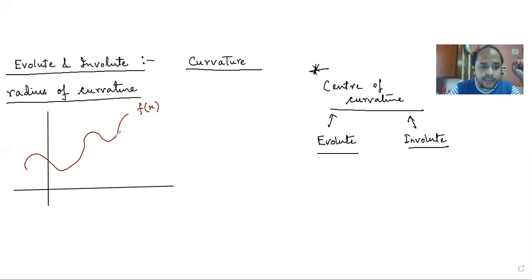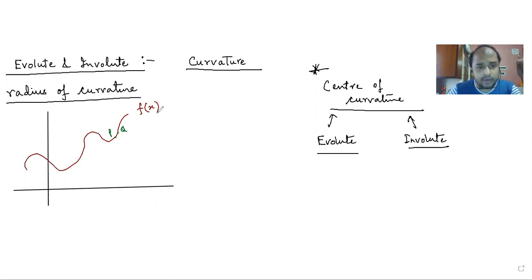And suppose I am choosing two points from there. This is the point which I am naming as capital P, and that is the point which I am naming as capital Q. These two points look very close to one another.